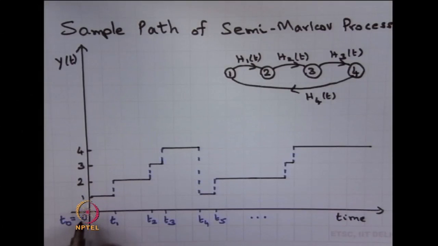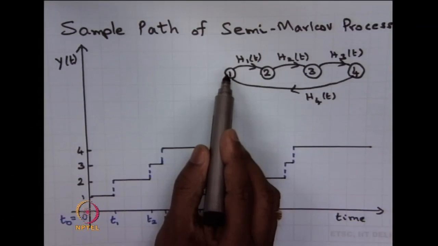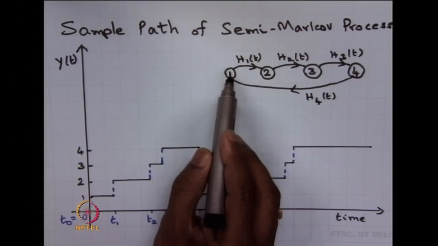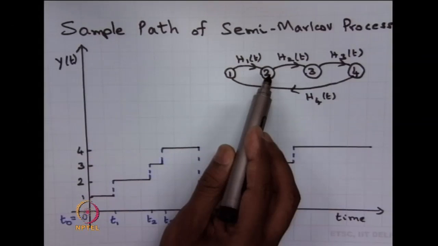So at time 0, the system is in the state 1, and the system is in the state 1 till time instant t1. At the time instant t1, the system moved to the state 2. So the system was in the state 1 at time t0, that is equal to 0, and at the time t1 it moved to the state 2.